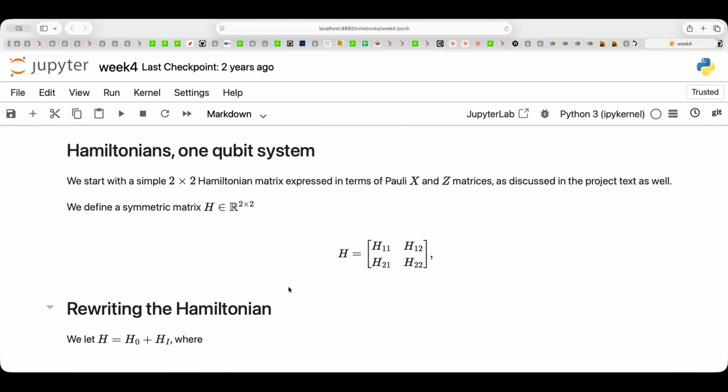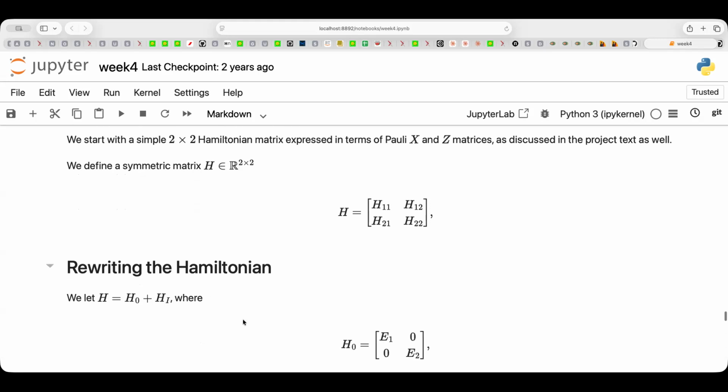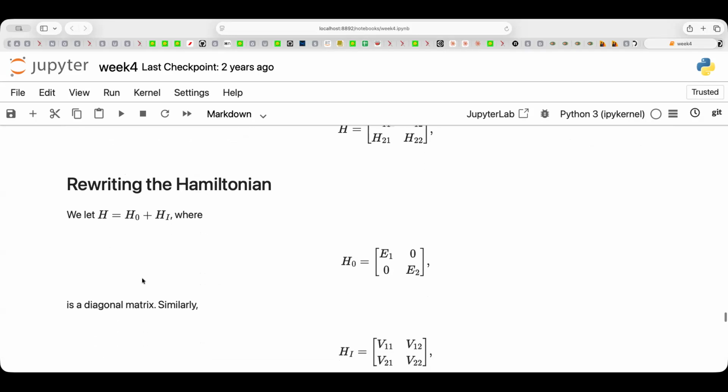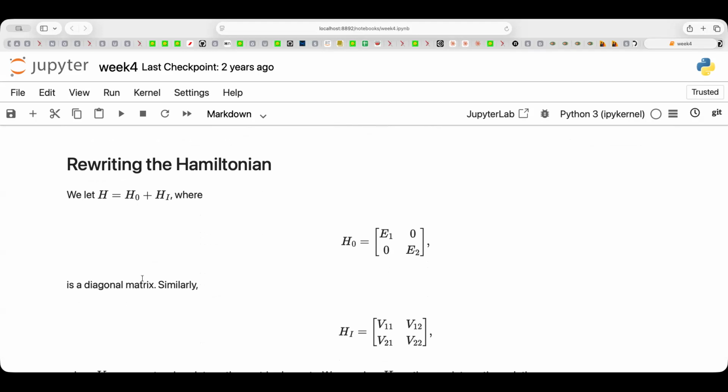We are now looking at a system which has as a computational basis qubit 0 and qubit 1. Now, we are going to let the Hamiltonian be composed of one part, which is diagonal. And this part here is the one which has qubit 0 and qubit 1 as eigenstates. Okay? So that means that I can now expand later my solution as a linear combination of qubit 0 and qubit 1.